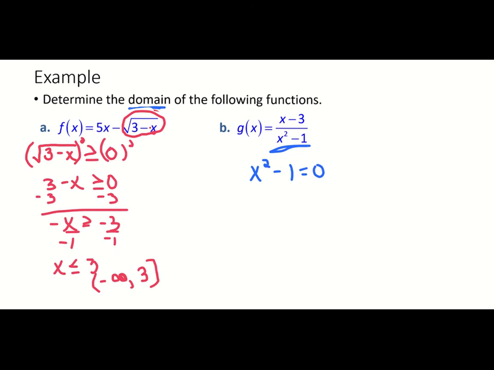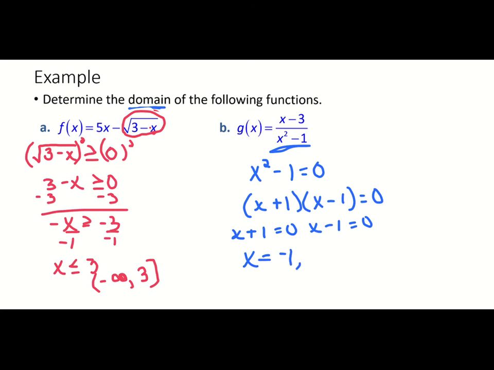Now, this is the difference of perfect squares. It's a quadratic, so I have to factor it. So when I factor it, it would be x plus 1 times x minus 1 equals 0. And then I'm going to set them both to 0 to solve. And I know that x would have to be negative 1 or positive 1.